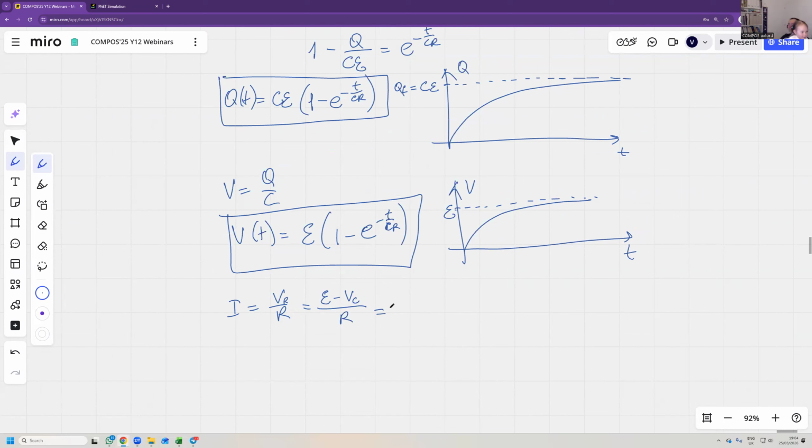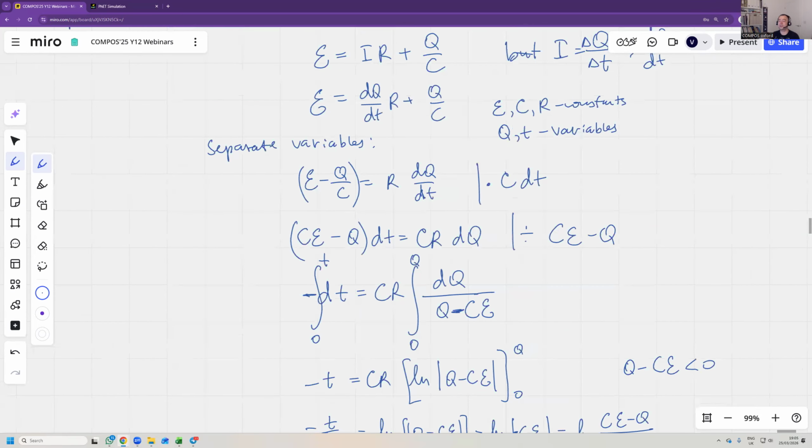Sorry. Yes, you can help. EMF minus VC, and EMF we know, this is V of C. So EMF minus EMF times 1 minus e to the minus t over CR, over R. So EMF cancels, and we get EMF over R. That's the initial current.